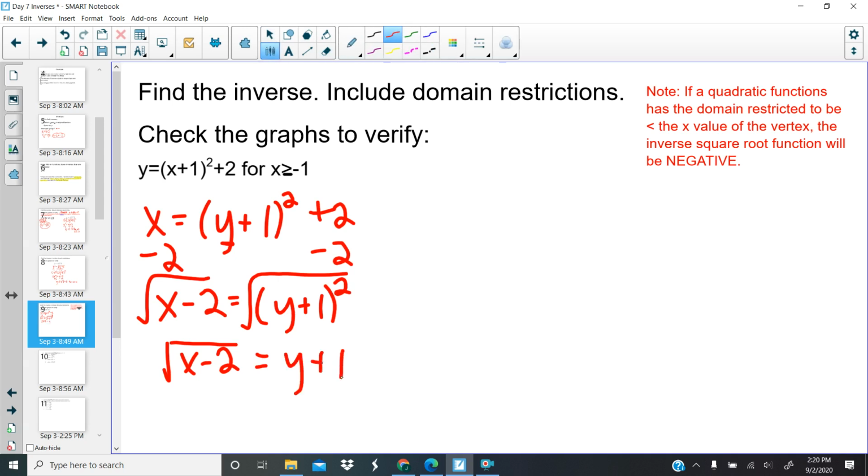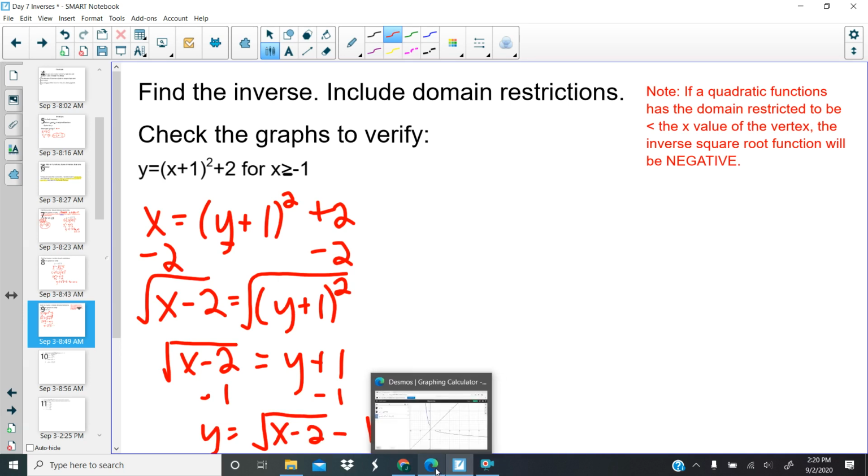And I'm going to wait on the plus or minus for the square root, and I'm going to use the graph to determine which one it needs. So now I'm just going to subtract 1 from both sides. So I would have y equals the square root of x minus 2, and then minus 1. So I'm going to go graph those.